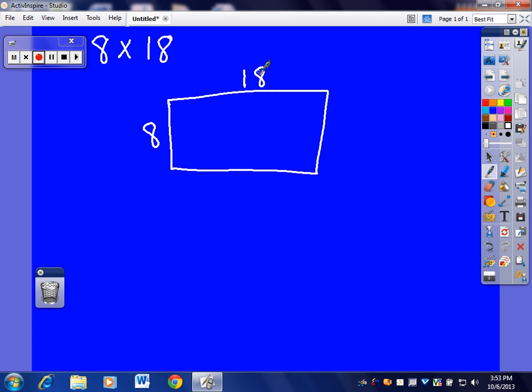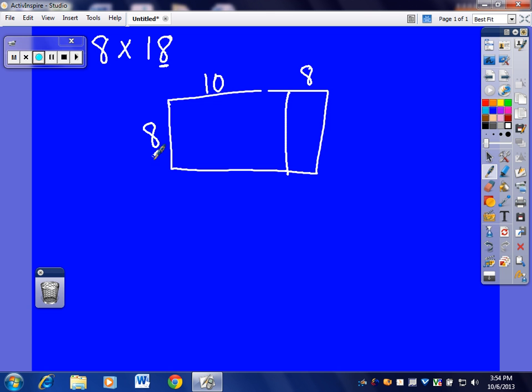If we look at the value of the 1 in 18, we know that value is actually 10. So I'm going to erase this. I'm multiplying 8 times 10, and then the value of the 8 in 18 is 8. So we are going to multiply this 8 twice.